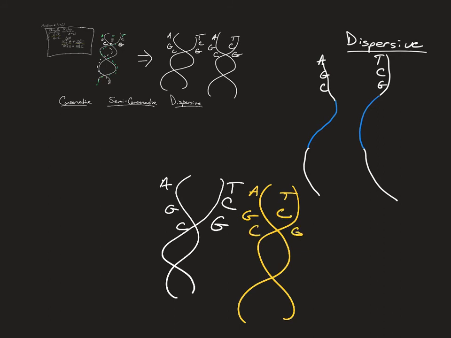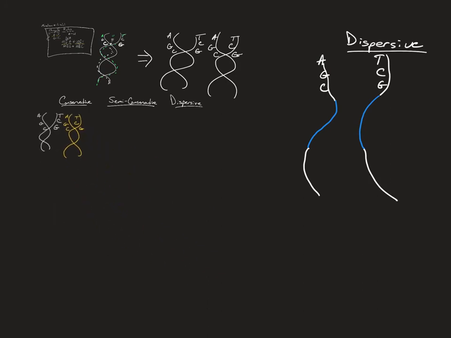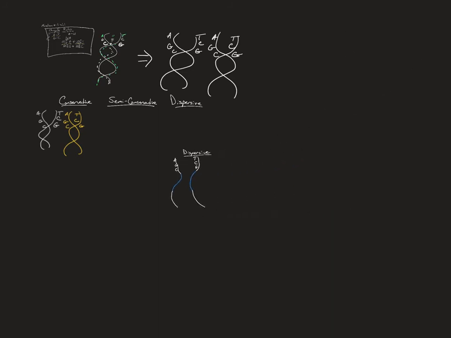What's that called? That would be called conservative, right? In other words, you have both the original DNA molecules stay together, and your new DNA is an exact copy, but they're both brand new. Dispersive is when you have part of the old and part of the new DNA strand all in there.